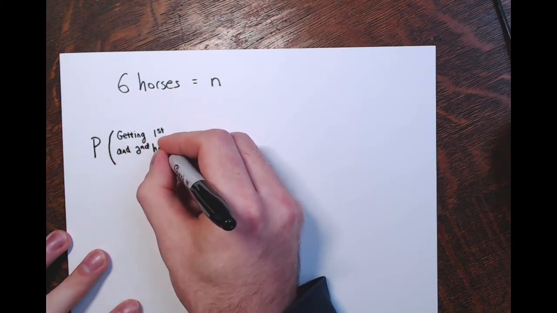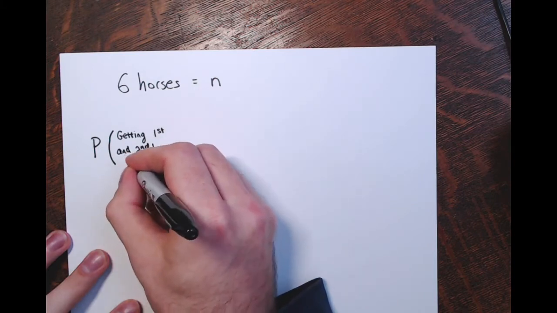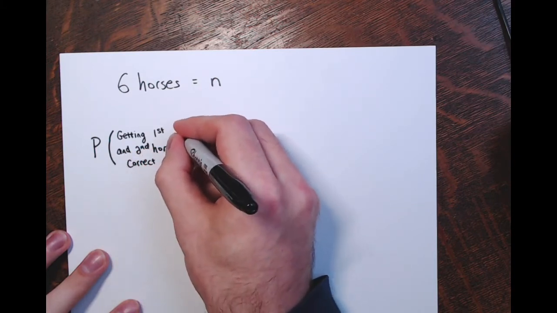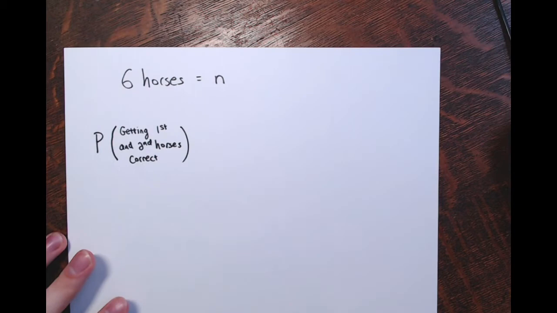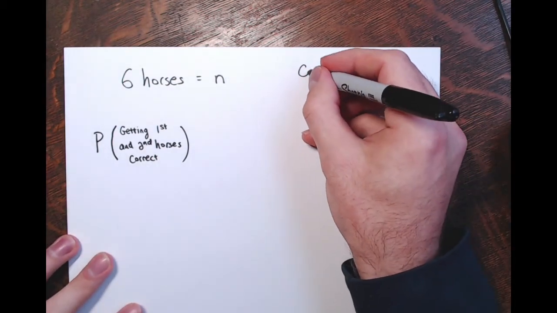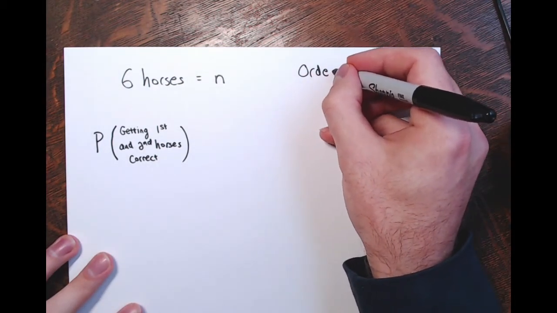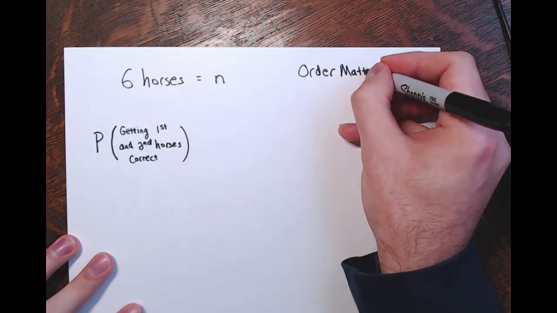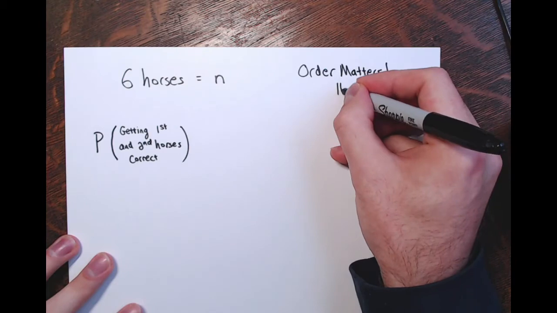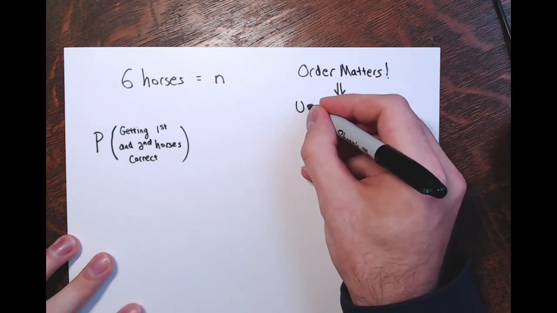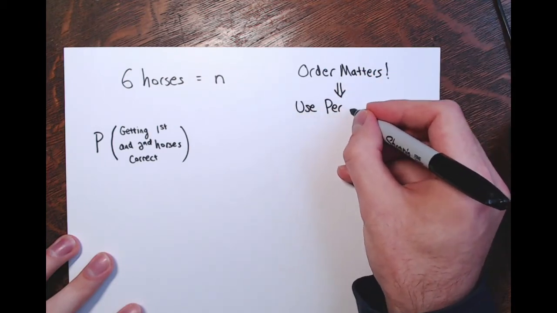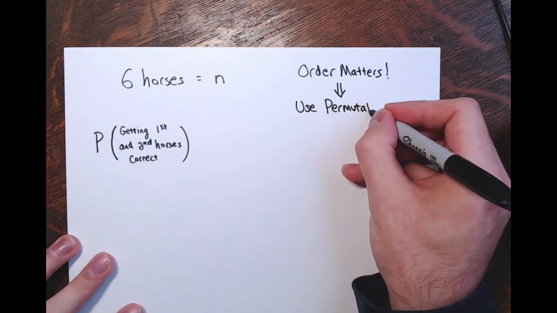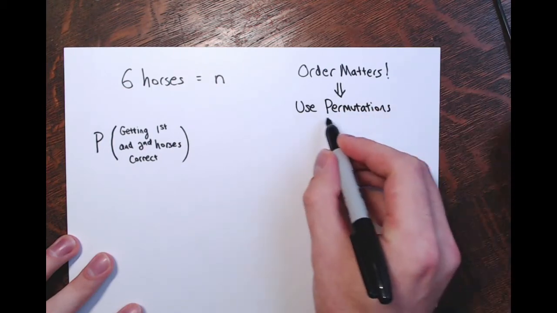And they're asking for what's the probability that you pick the first and second horses correct. So order matters here. They even mention the words correct order in the problem, meaning that we're going to be counting with permutations.